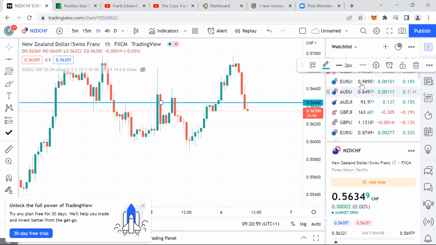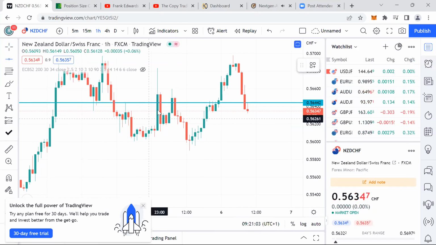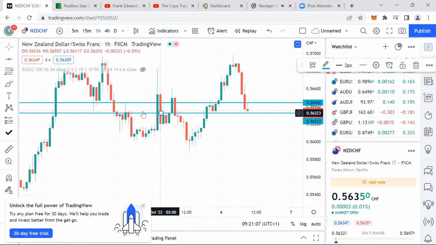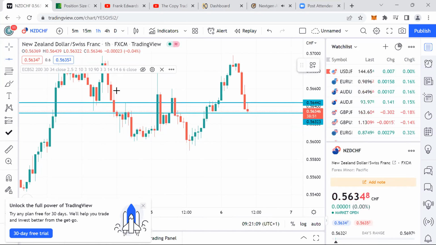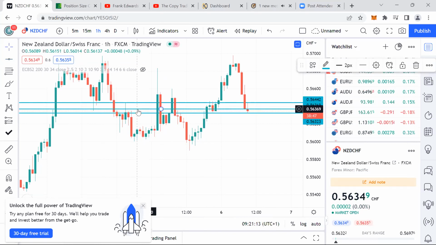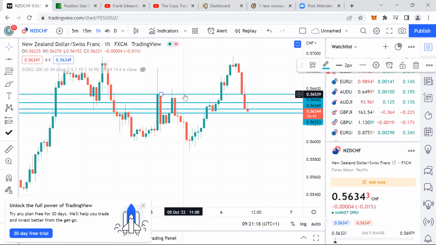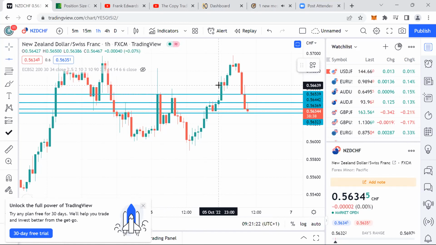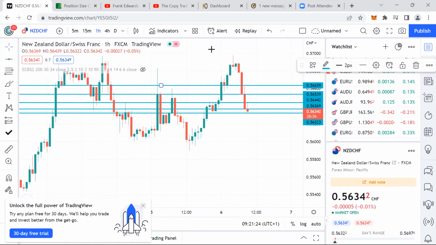So we go on the hour. Last week on the hour, up and down. Previous candle, wick and body. Because this will help you determine your support and your resistance.